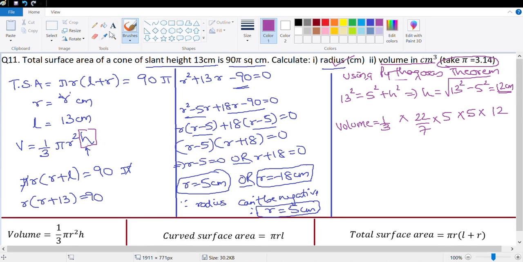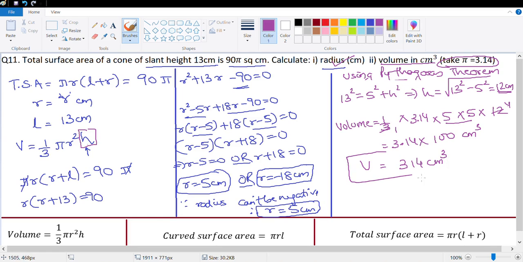So I should change the value of pi from 22 by 7 to 3.14. So this is 3.14 multiplied with 25 into 4. That's 100 centimeter cube, which is equal to 314 centimeter cube. So that's the volume that they wanted us to calculate.